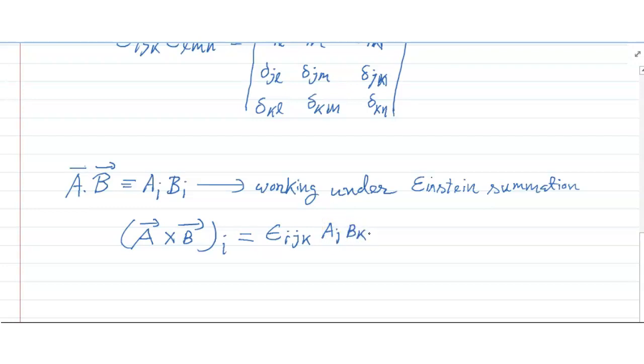This will be the main use of the Levi-Civita tensor. So the ith component of a cross b is epsilon ijk a_j b_k, and j and k are summed over.